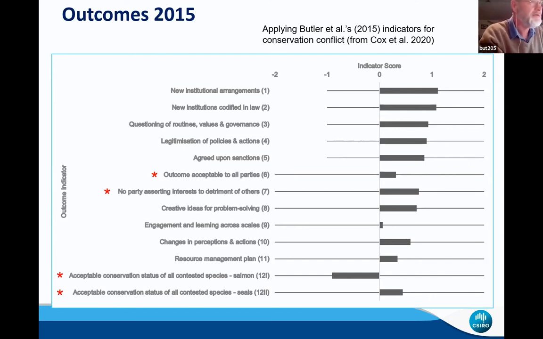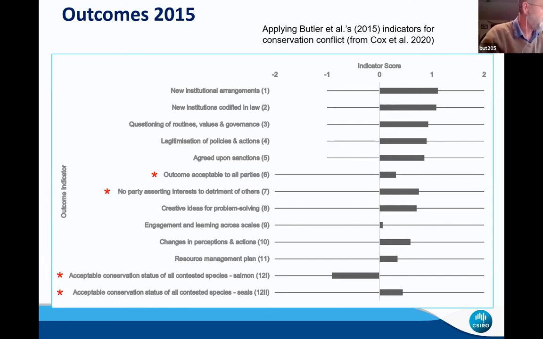But what we added, first of all, was to what extent was the outcome of the process acceptable to all parties on both sides? To what extent were parties not asserting their interests to the detriment of others?